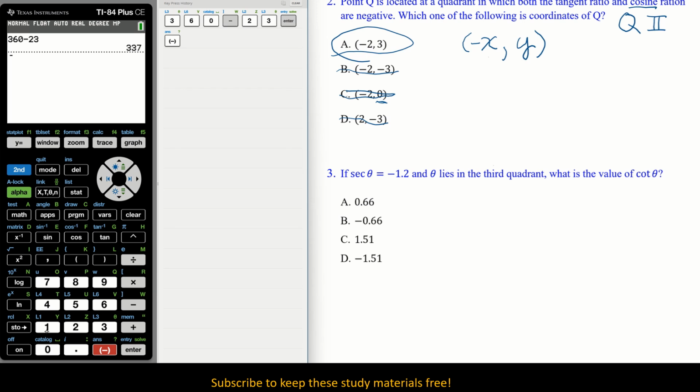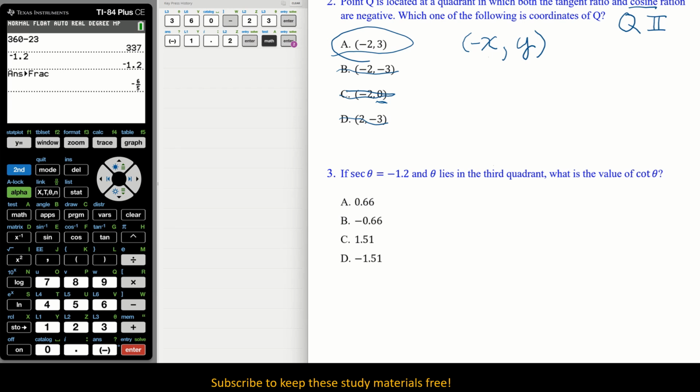I'm going to put in negative 1.2 and push enter. What good did that do? Now I can say math and enter twice, and that gives me a good fraction. So negative 1.2 equals, now I have 6/5.